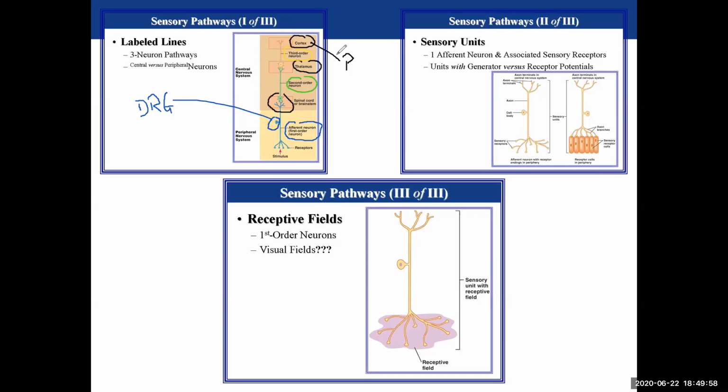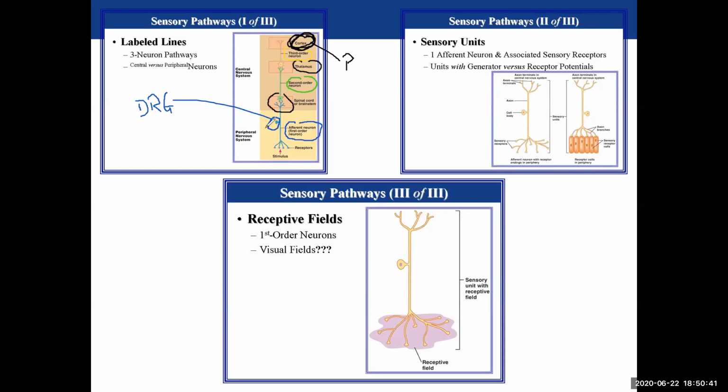This is where a sensation becomes a perception. This is where you become consciously aware of a sensory stimulus. So if the signal fails to get to the primary somatosensory cortex, the individual is oblivious to the existence of that stimulus.